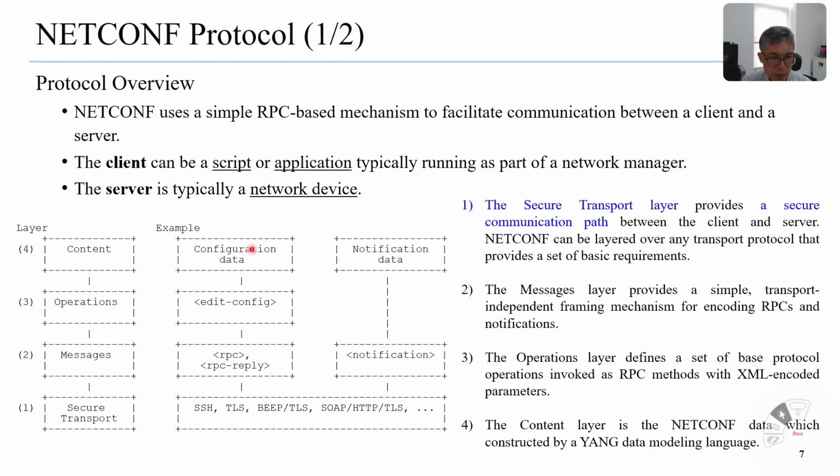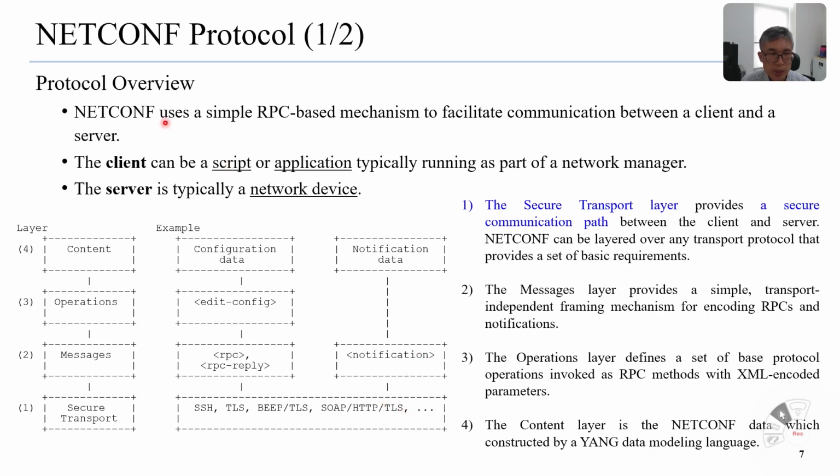So this is called the content layer. In the meanwhile, we also generate notifications. Notifications can be delivered over notification like RPC. Also, this notification message can be delivered using the secure transport layer.